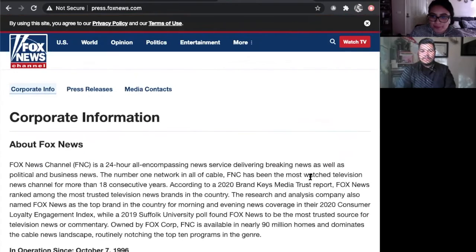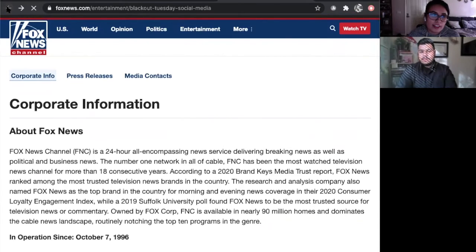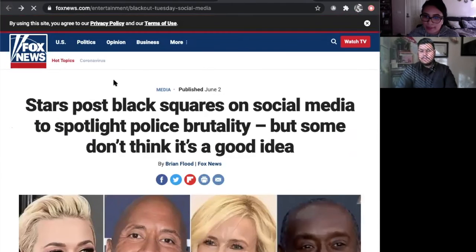I guess we have the corporate information. That is something, but it doesn't address much about their reporting policy or mission. Just that a lot of people trust and watch Fox News. So let's just go back to the article at this point.